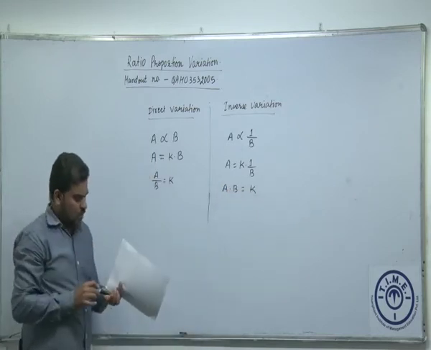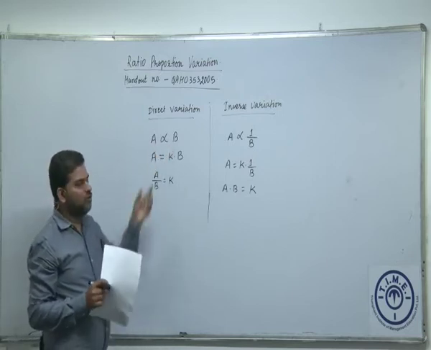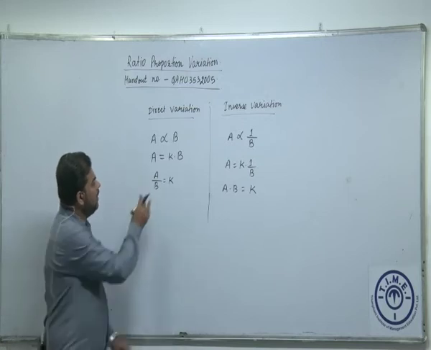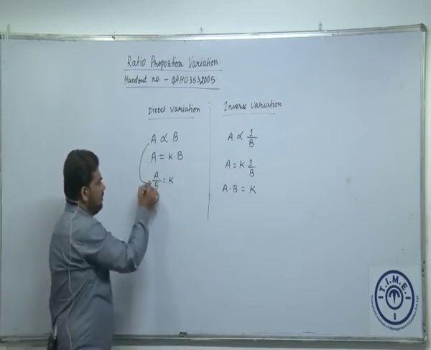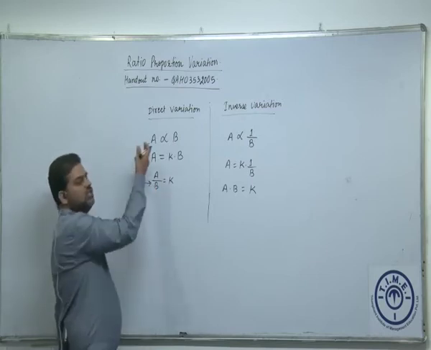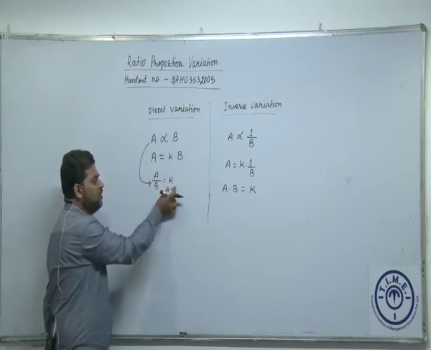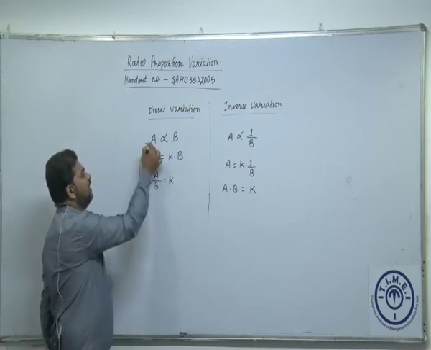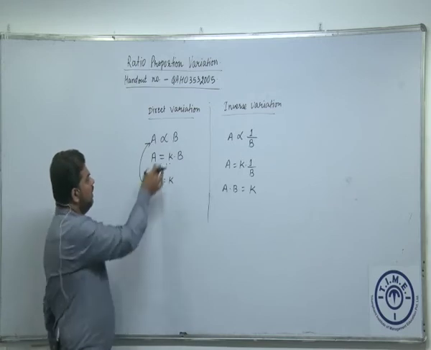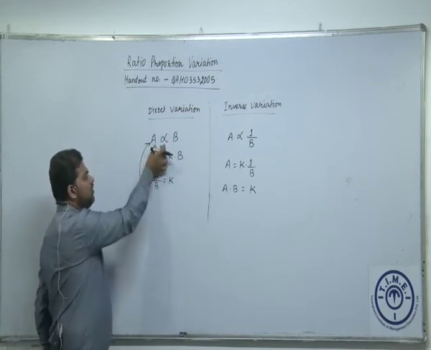Very important. Now let's see what is happening here. We are saying if A is directly proportional to B, then A divided by B is a constant. And we can say the converse is also true, in the sense that if the ratio of two quantities is a constant, it means that they are directly proportional. Direct proportion means the ratio will be constant, and a constant ratio means they will be directly proportional.